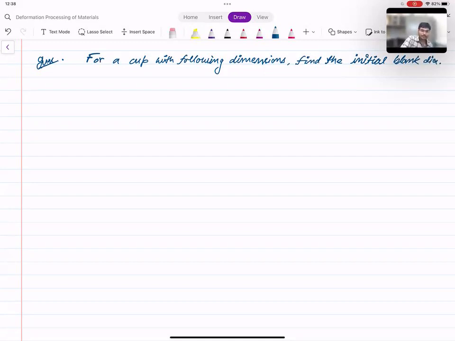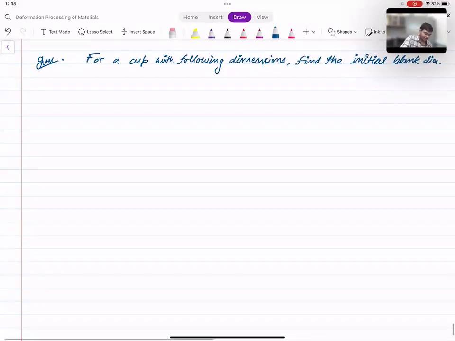Okay. And the cup which is given to us has a diameter of 250 mm, let us say, and height of 200 mm.